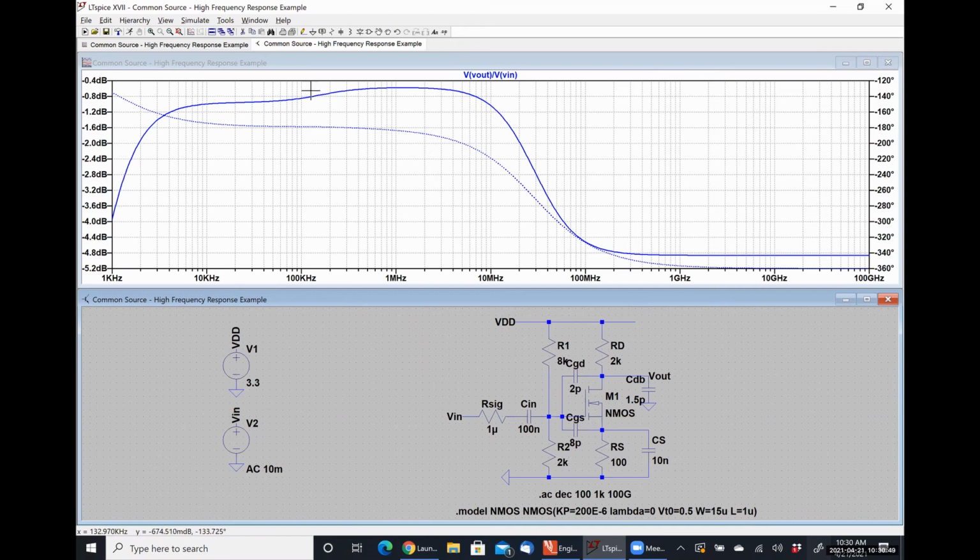This is where our capacitor CS is going from an open circuit to a short circuit. In this range, all of our internal capacitances look like open circuits. This is the region where all of those internal capacitances start going from open circuit to short circuit until it finally rolls off. So, because we are beyond the midband, our capacitor CS looks like a short, which shorts out RS, which is why RS isn't showing up in our model. Does that make sense?